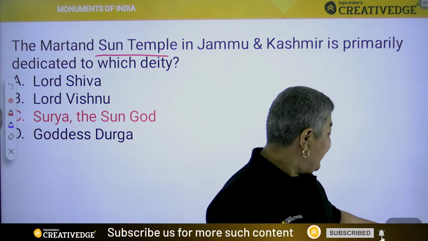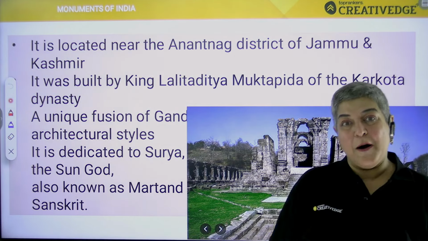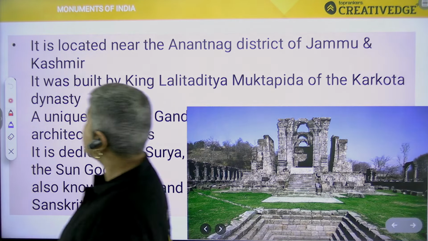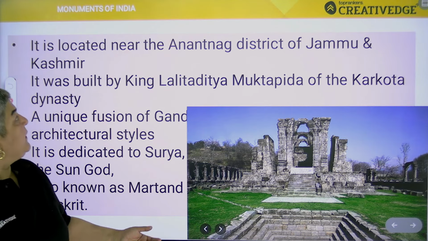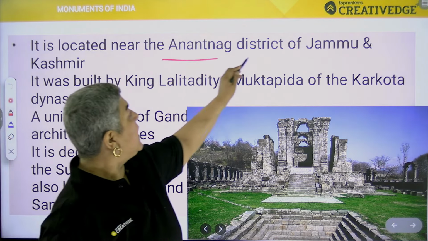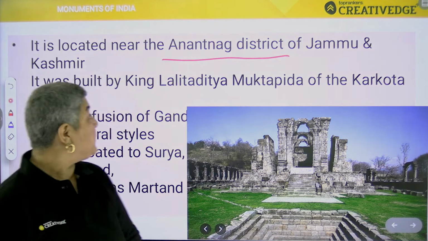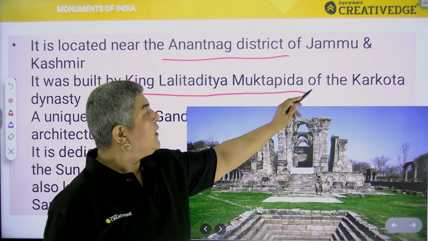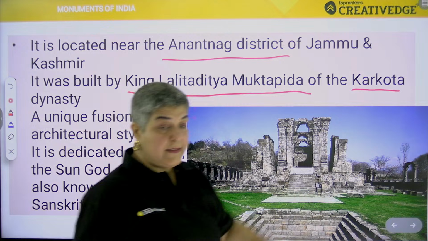ओके, let's see a little bit more info about the Martand Sun Temple. So basically, this is located near the Anantnag district of Jammu and Kashmir. It was built by King Lalitaditya Muktapida of the Karkota dynasty.